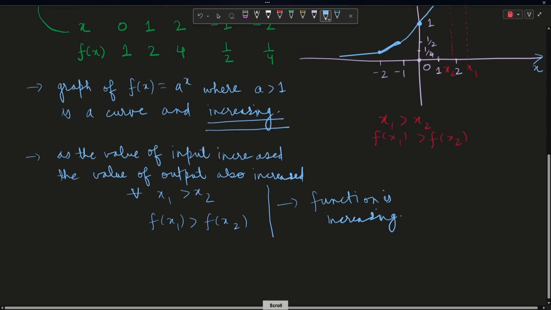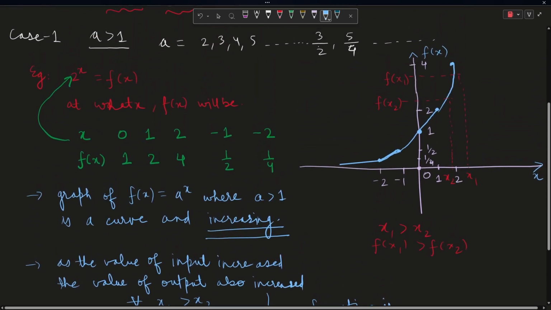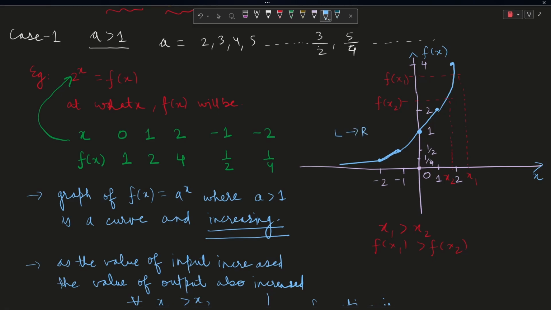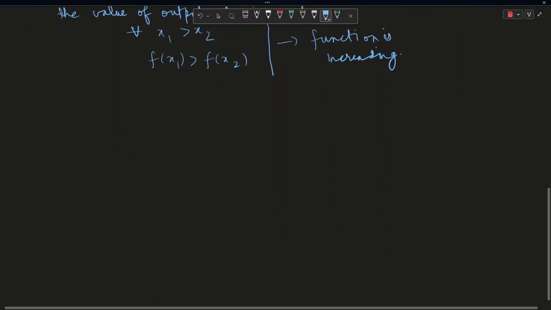And we can also observe it directly, as we always observe the graph from left to right. So when we observe the graph from left to right, we can see that the graph is moving upwards, or it is moving from lower values of y to higher values of y. Hence, the graph is increasing, right? So this is how we can conclude with the exponential function where a is greater than 1.